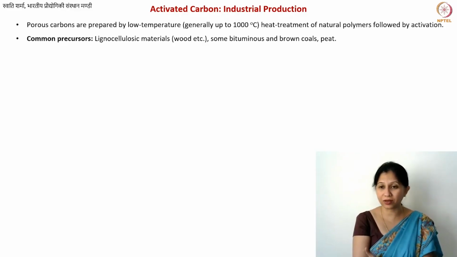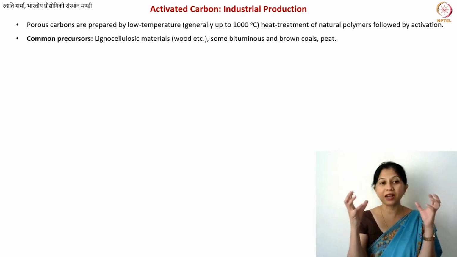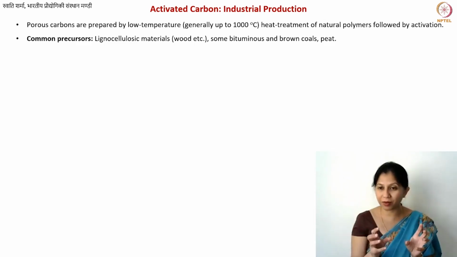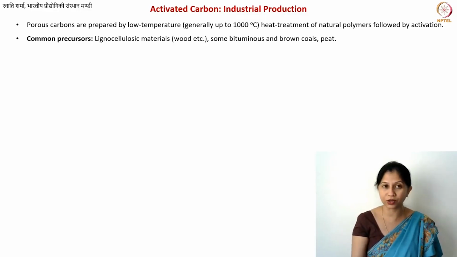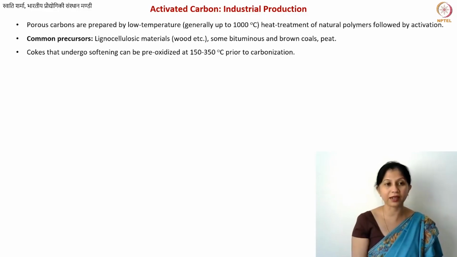Now, peat is also one more. Peat is an organic material which has partially converted into carbon but not completely yet. So all of these materials are basically high carbon containing natural materials. That is what you use as precursors for making activated carbons.